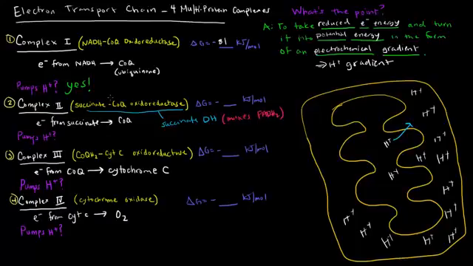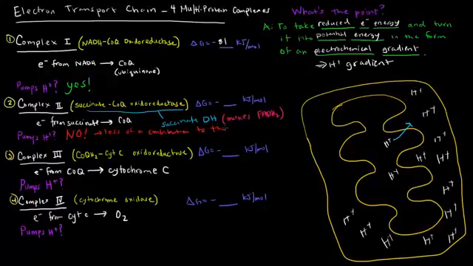The reason here is that complex number 2 does not pump protons into the intermembrane space from the mitochondrial matrix. So because of this, this FADH2 essentially contributes less to the productive efficiency of this process.